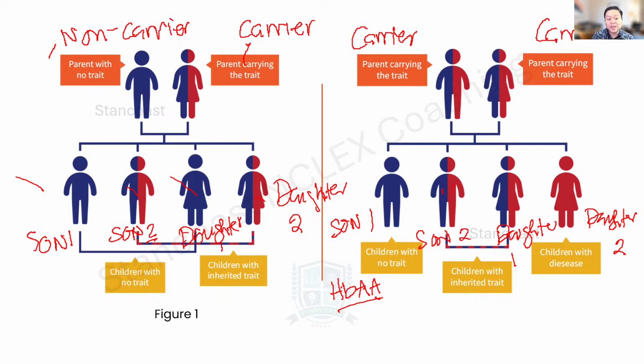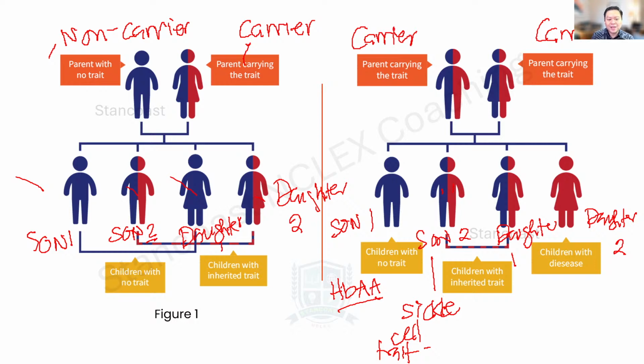However, he also got one abnormal hemoglobin gene from either of the parents. So this person will have sickle cell trait. So this person will only be a carrier, okay? He will not manifest any of the signs and symptoms of the sickle cell disease, okay? So again, he will only be a carrier.